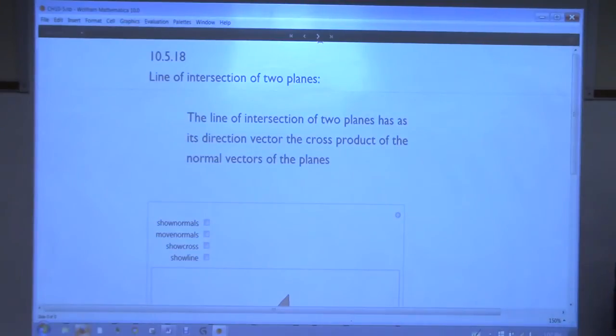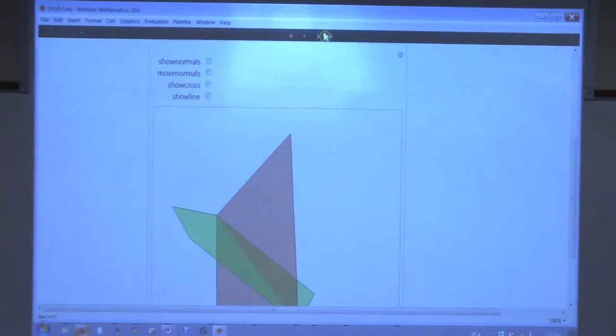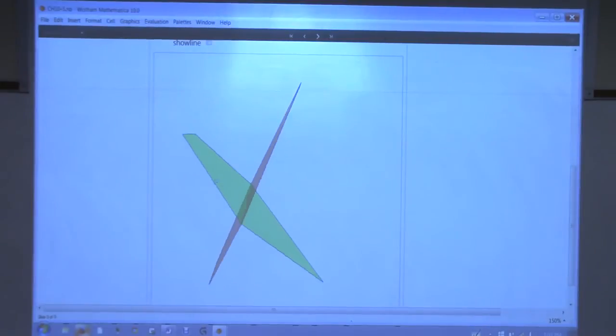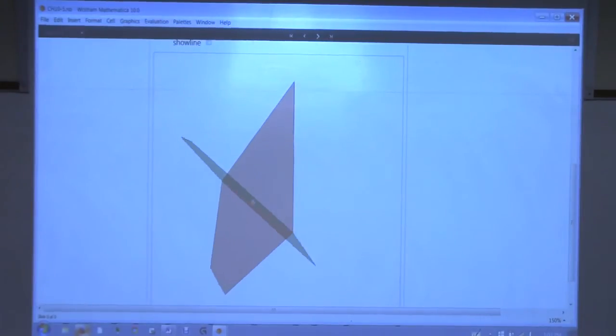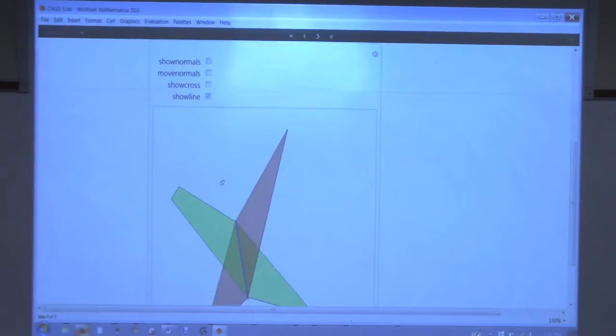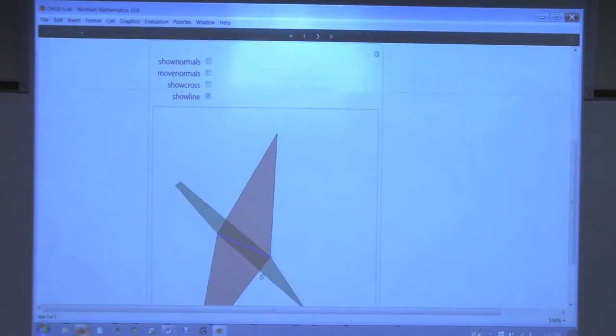What we'd like to do is figure out the equation of that line. So here's the visual of what's going on. We've got two planes sitting here, and they hit each other in a line. Here's the line. Now that line extends forever in each direction.